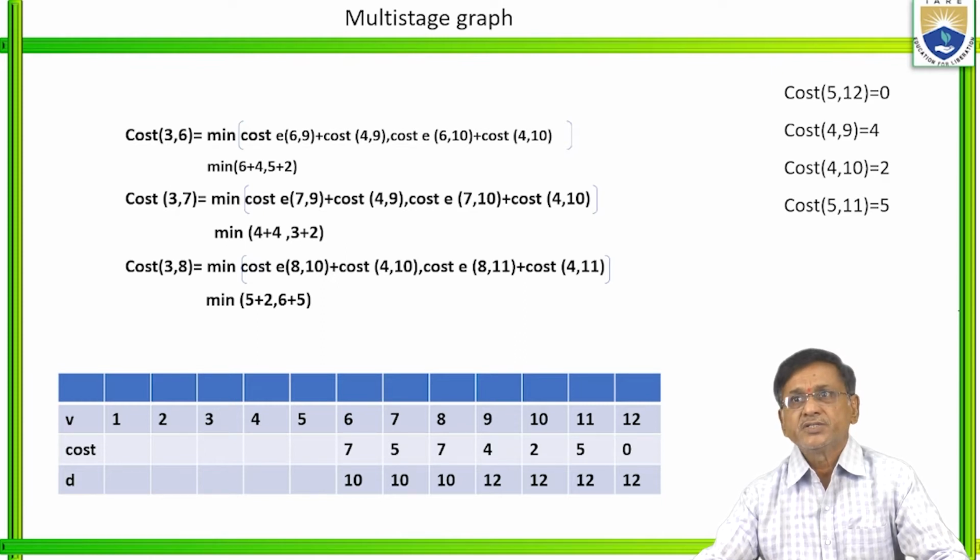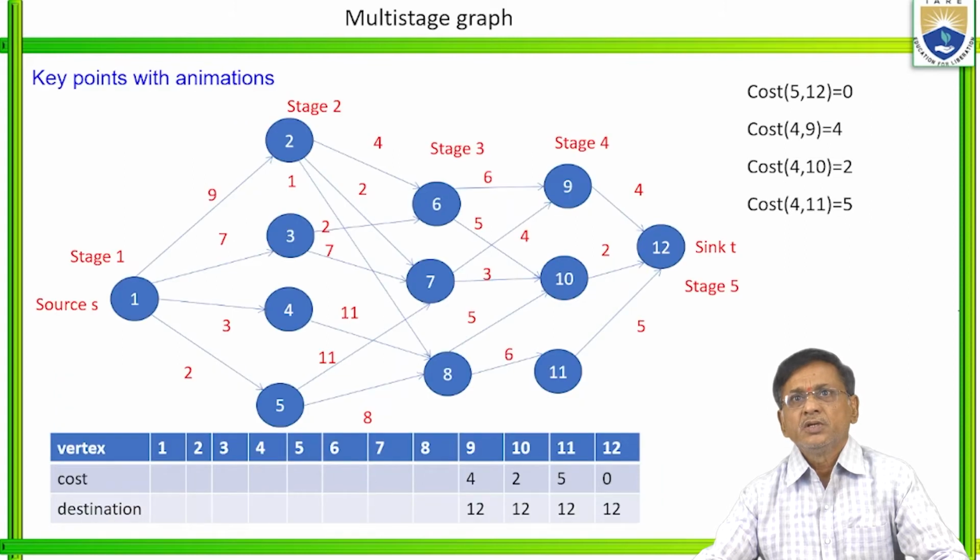Cost of an edge 6 to 9 is equal to 6. So 6 to 9 is 6. Then the cost of the vertex 9 is equal to 4. We can see in the table also.